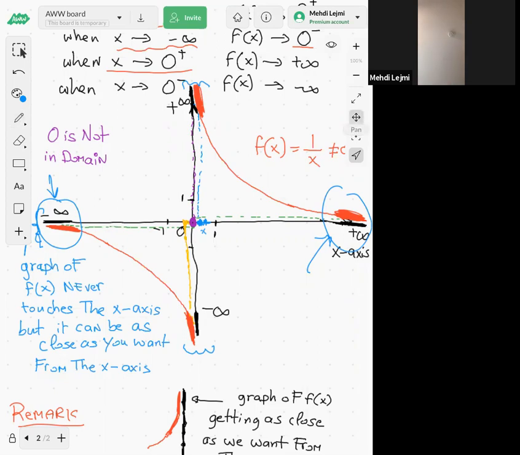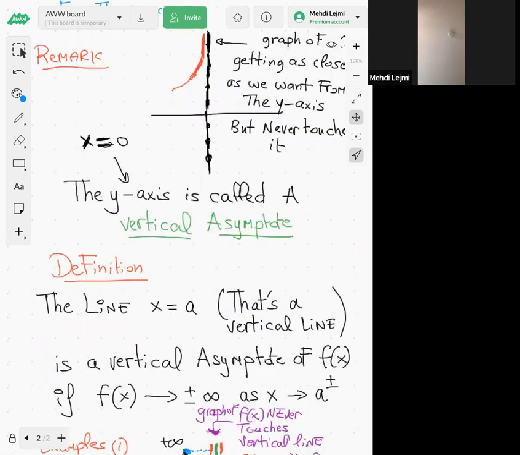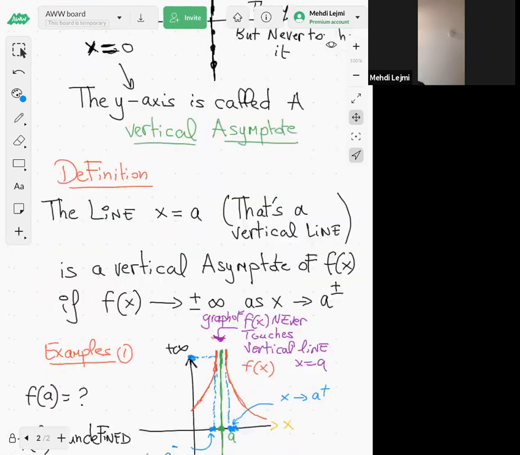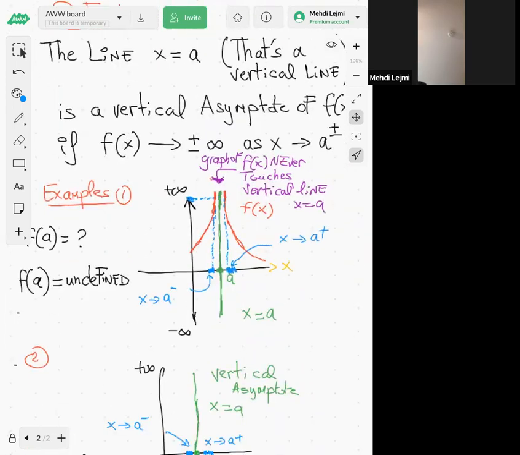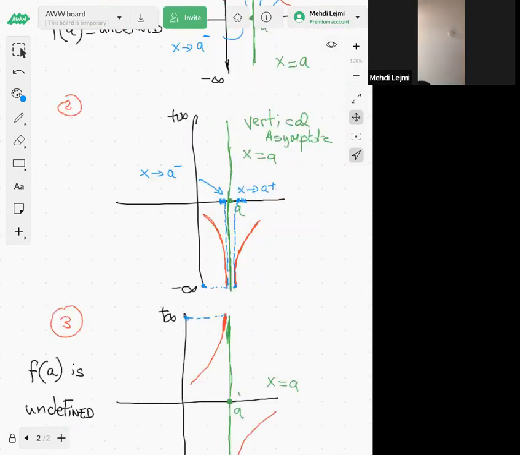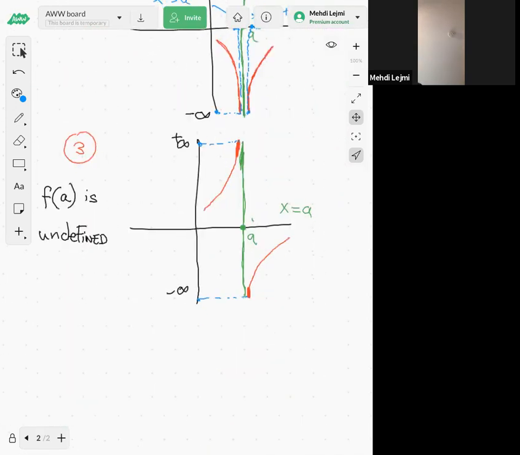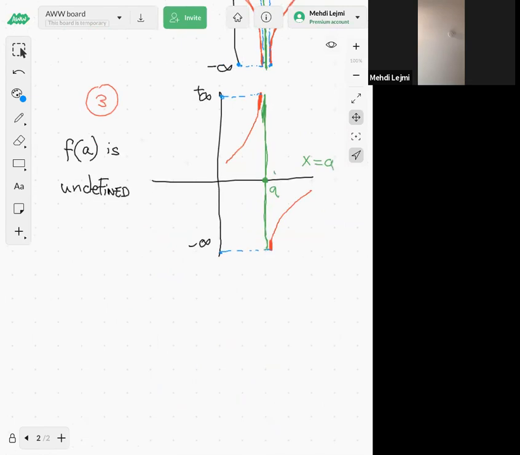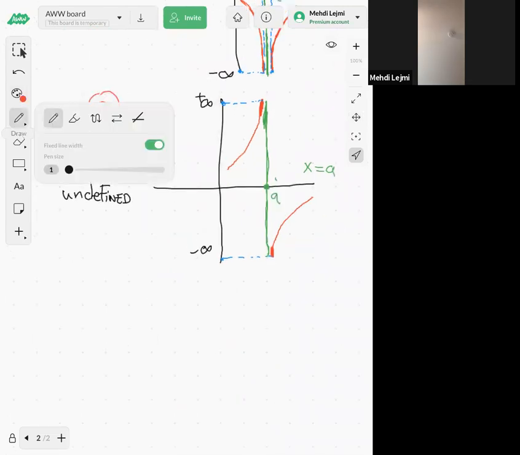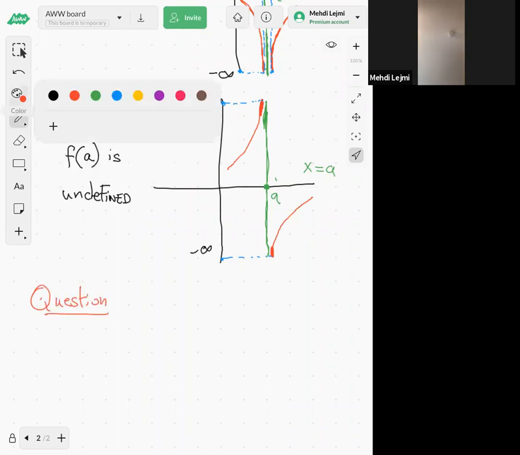Anyway, before the horizontal asymptote, let me show you first how, in general, we find a vertical asymptote. So the question now: how can we find a vertical asymptote?